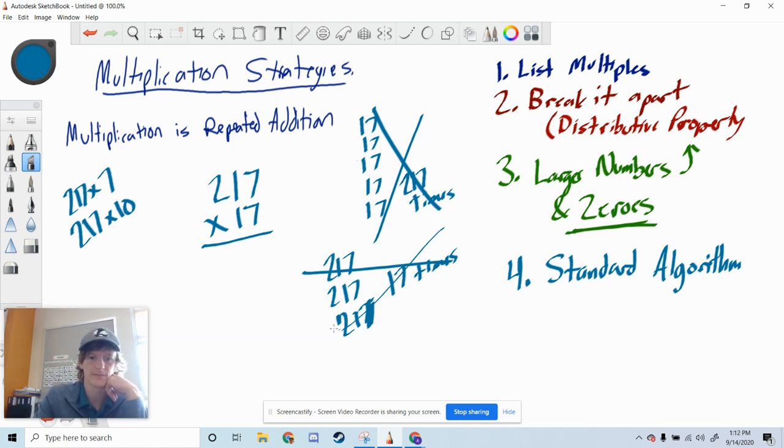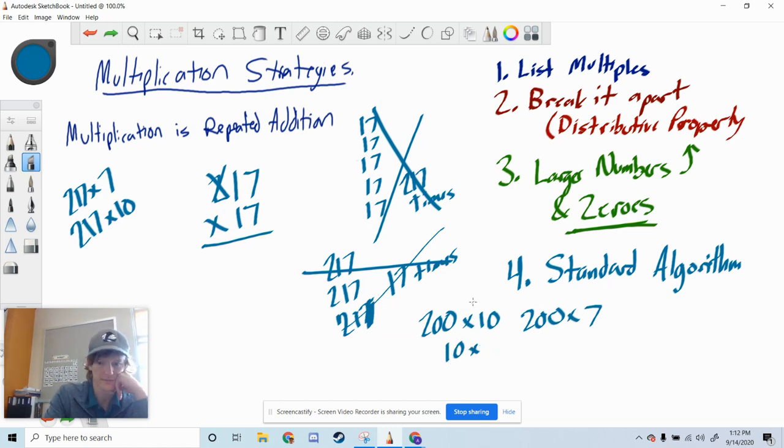Another thing we could have done is 200 times 10 and 200 times 7, which crosses this off. We did the 10 and the 7. We have 10 times 10 and 10 times 7, which crosses this one off.